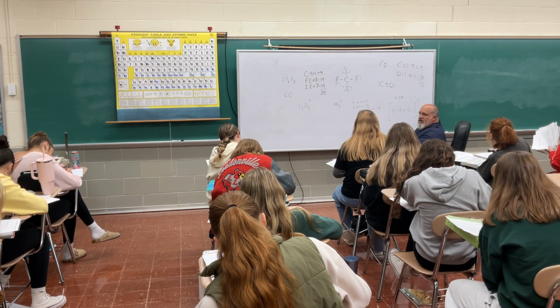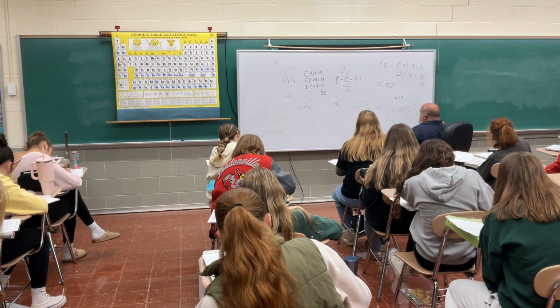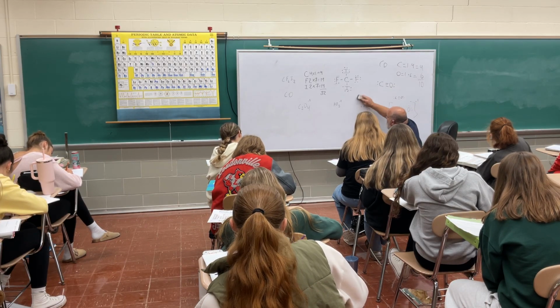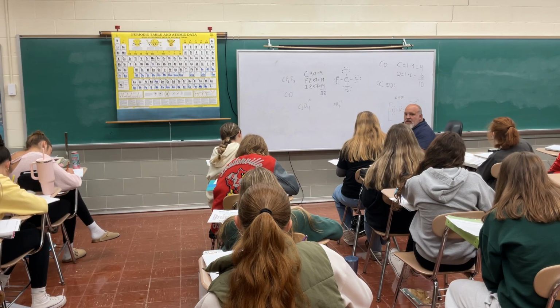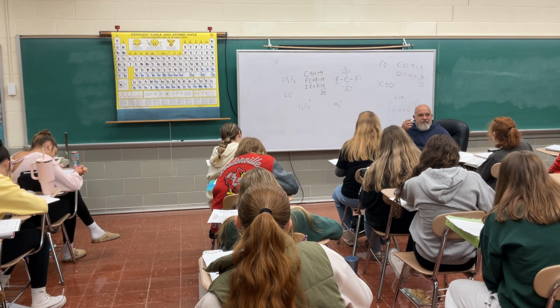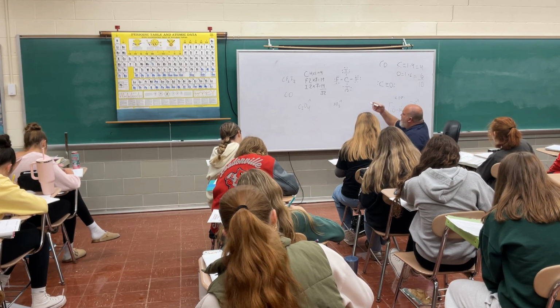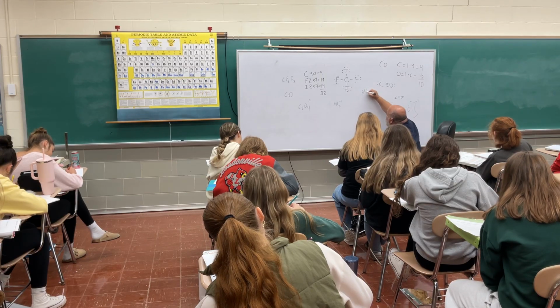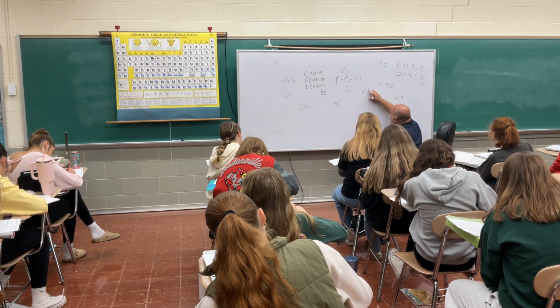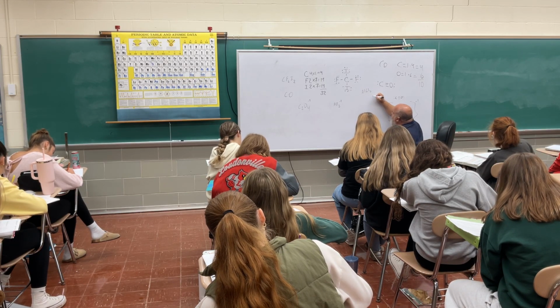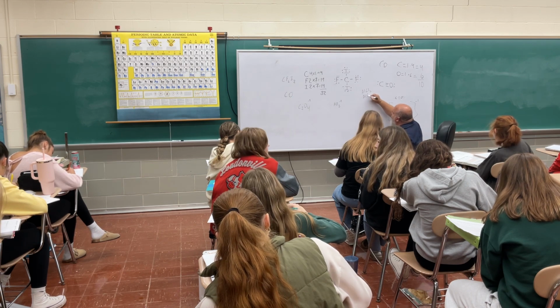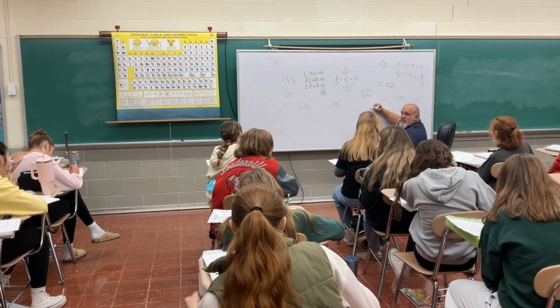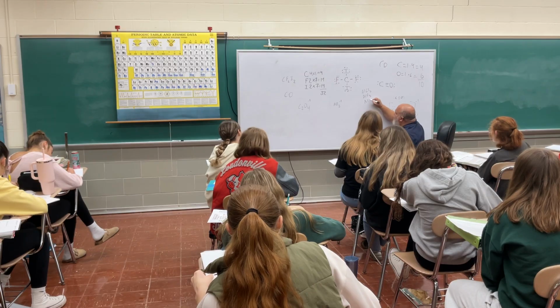Real quick, I just wanna show you something here. After we do the binary ionic compound, remember we did aluminum chloride? Doesn't aluminum chloride always look like this? Doesn't aluminum fluoride look like this? What's aluminum iodide look like?